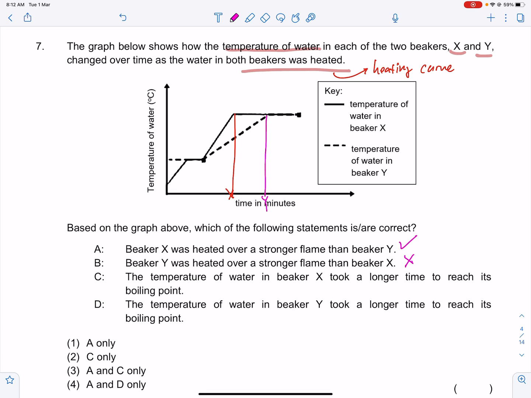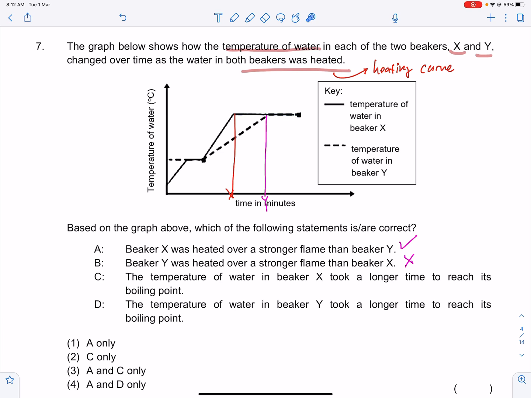Okay, so for this one, let's take a look. This is false because as you can see, when it hits the maximum point and remains constant, it actually took a shorter time, right? So how do you know that this is the boiling point?